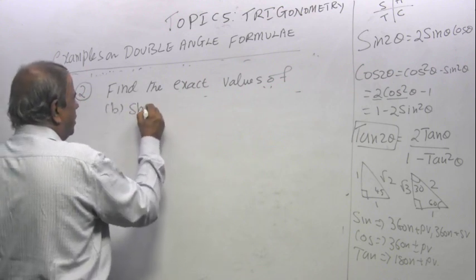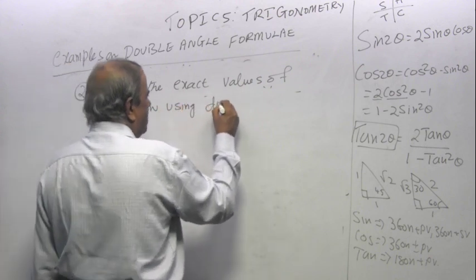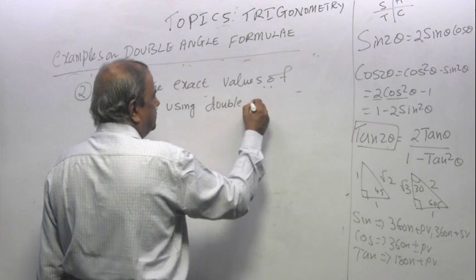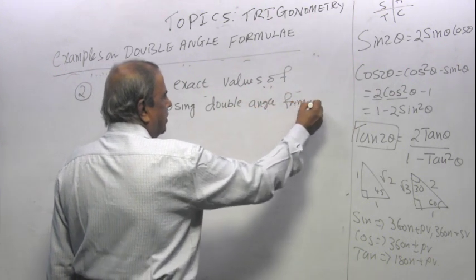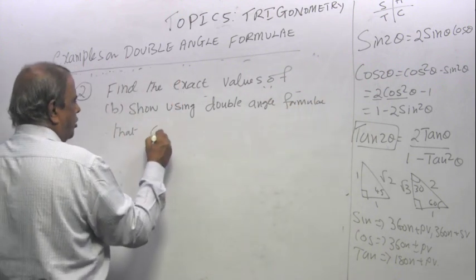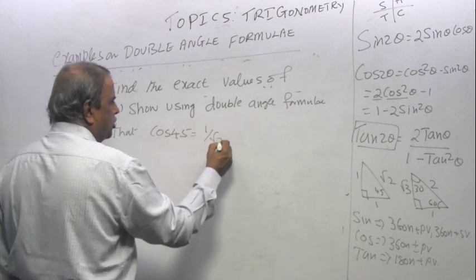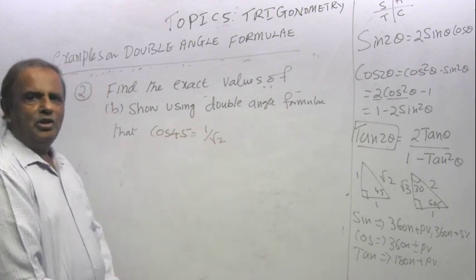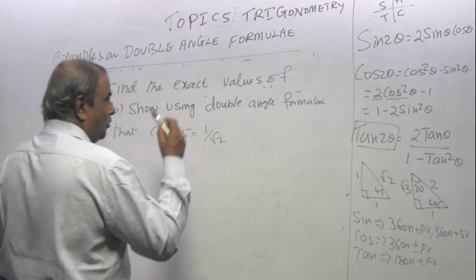Show, using double angle formula, that cos 45 equals 1 over root 2. I'm taking it up as I don't know whether it will work. It should work. Fine. What is the formula?